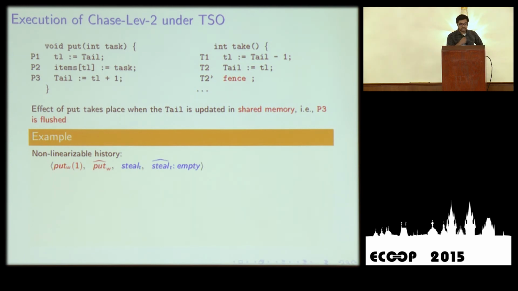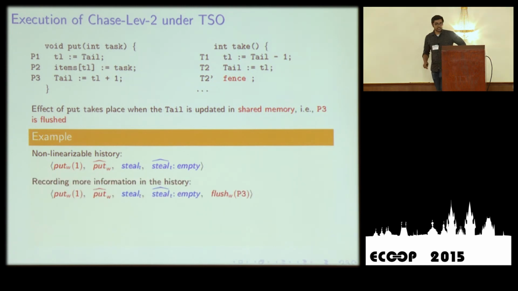Here's a non-linearizable history, and it's fairly easy to see why this is not linearizable, because you've got a put operation finishing, so we know that there's something in the deque, but somehow the steal is returning empty. Yeah? But what if we record some more information in the history? So for example, if we recorded that we could see the flush at P3 occurring, right?